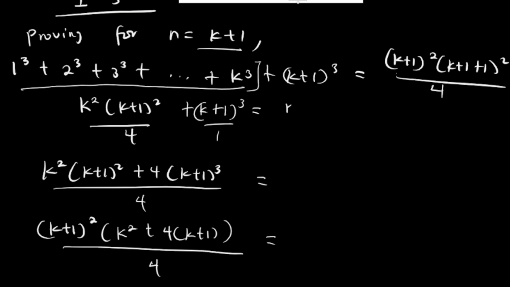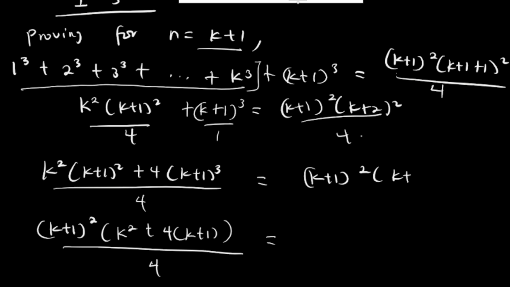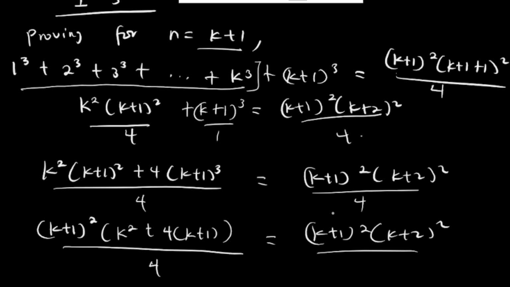So here will be (k plus 1) all squared multiplying, so here will be (k plus 2), right? All squared and all out of 4. So here comes back (k plus 1) all squared, (k plus 2) all squared, all out of 4.